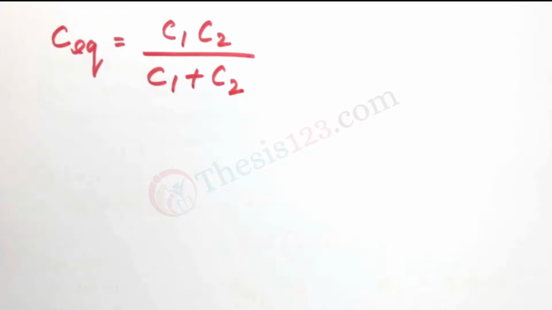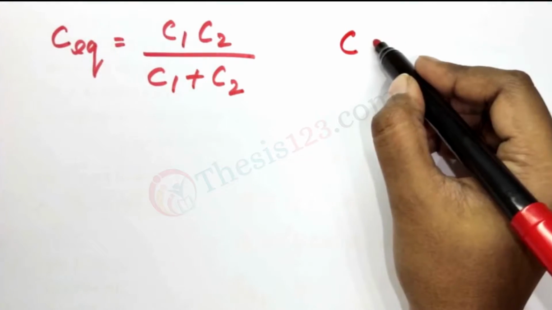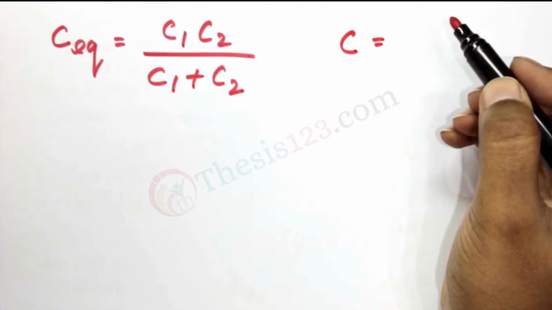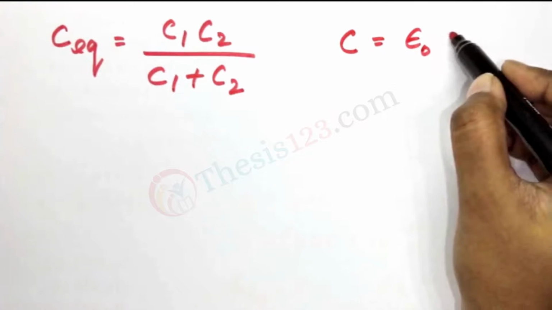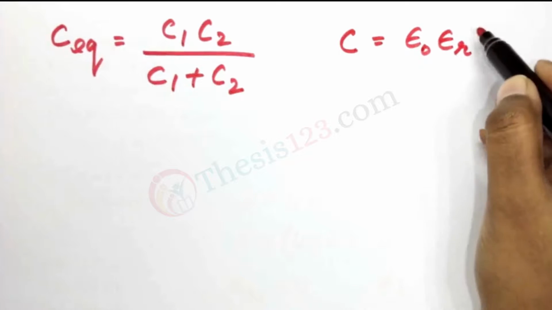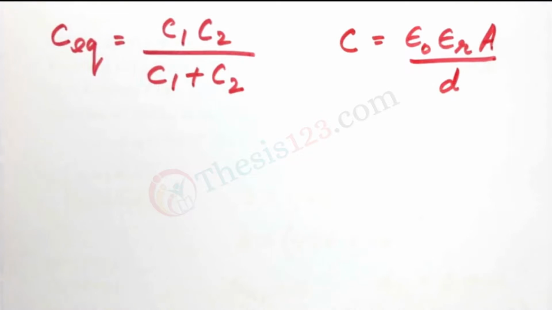Now let's write down the expression for capacitance for each of these parts. Now we know for a fact that C, the capacitance of any element, is written as epsilon naught times epsilon r times area divided by thickness.